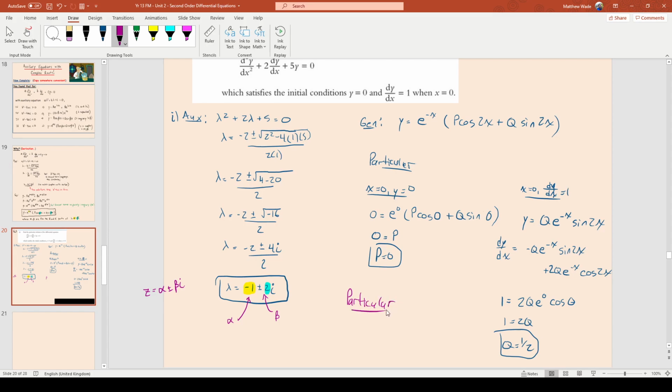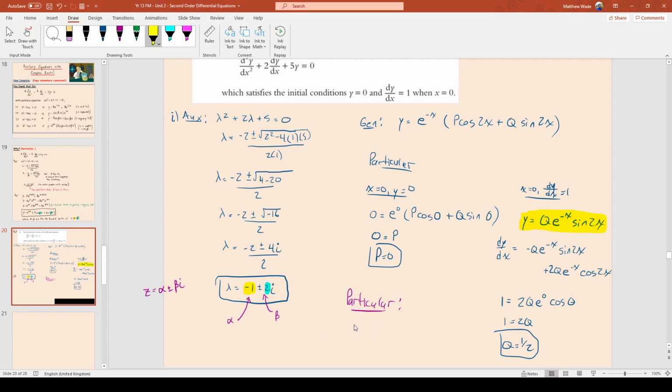The particular solution is just then bodged in. I'm being a step skipper. I'm going to use this one as my general solution and put into that, because I already know that p was 0, so I'm saving myself some writing. So here we go.